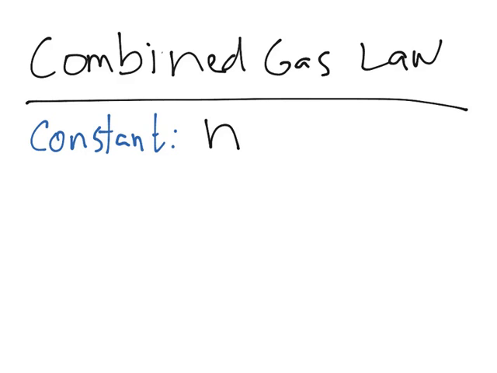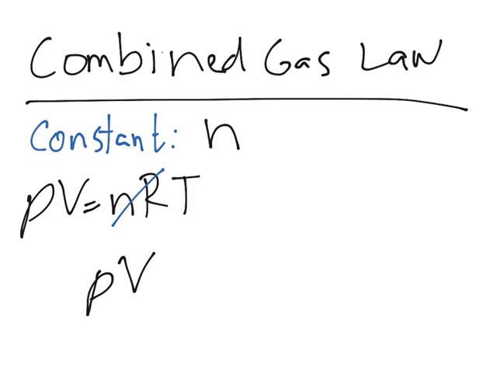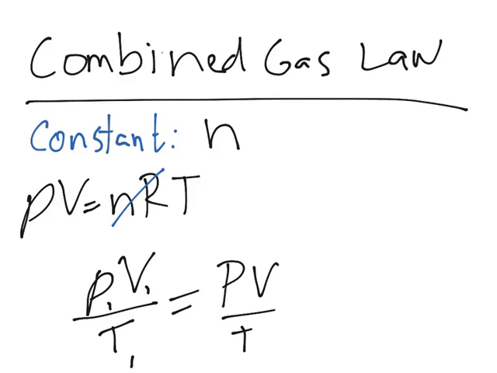Okay, so PV equals nRT. This will be gone. So to put it as an equation, it would be that PV over T is equal to PV over T, but this will be P1, V1, T1, and then P2, V2, and T2.